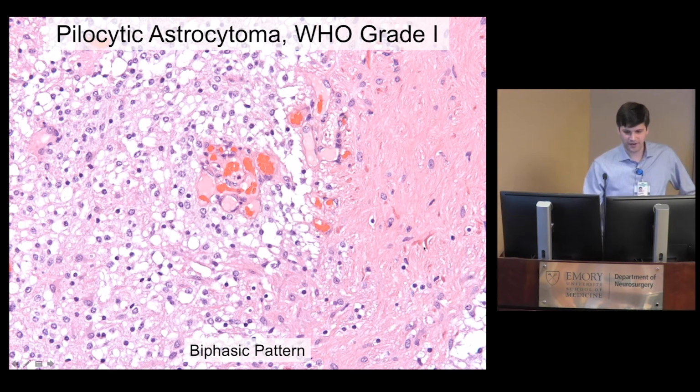But then the other thing that we see is these pink eosinophilic aggregates that are oftentimes deposited in the fibrillar area that are Rosenthal fibers, and we'll look at those at higher power in just a second. The other area of the biphasic tumor is a myxoid area. When you say myxoid in pathology, you mean it looks kind of bluish, maybe a little bit loose.